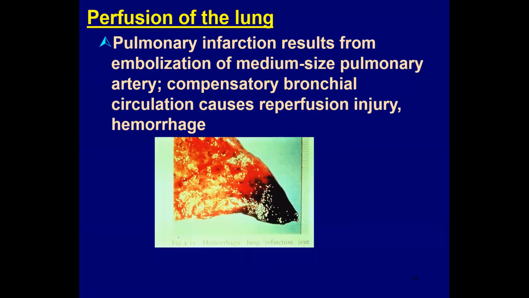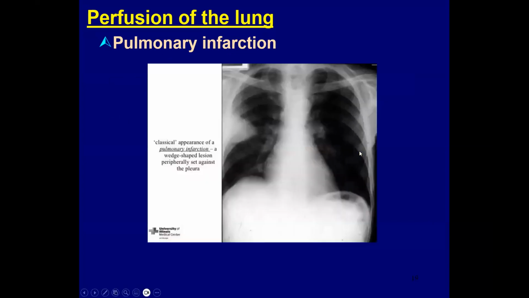This also produces a hemorrhage. So this is a typical chest radiograph of a pulmonary infarction. That wedge-shaped shadow that you see on the lung is an infarct.